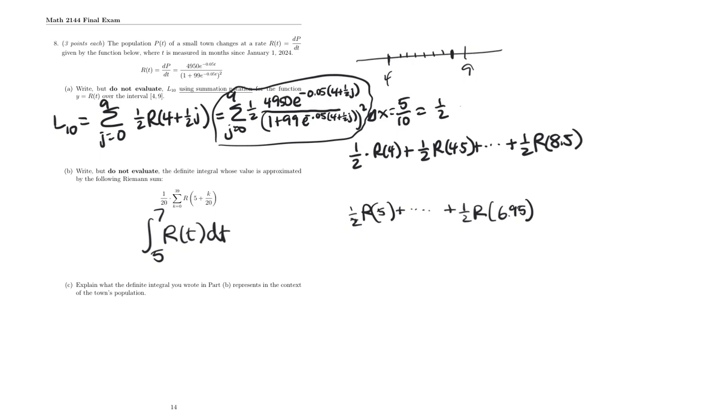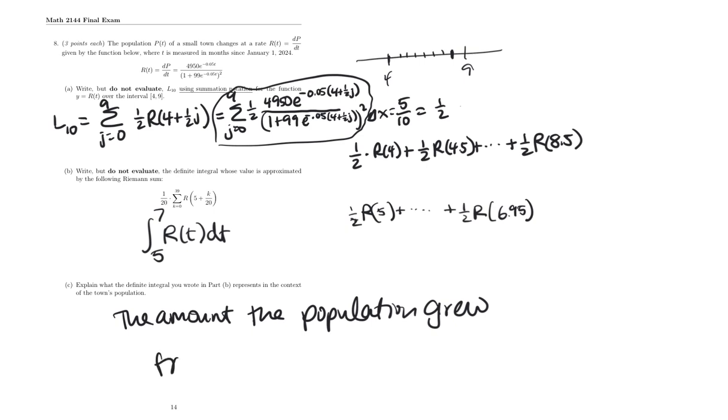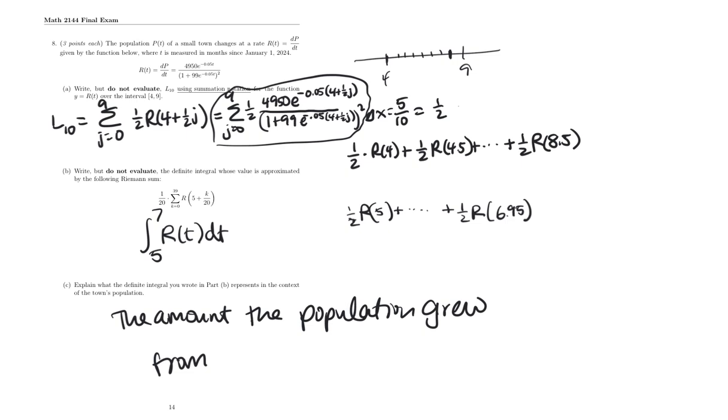T is the number of months, so that would be the amount the population grew from 5 months past January 1st, February, March, April, May, from May 2024 to July 2024. Okay, so that's it.